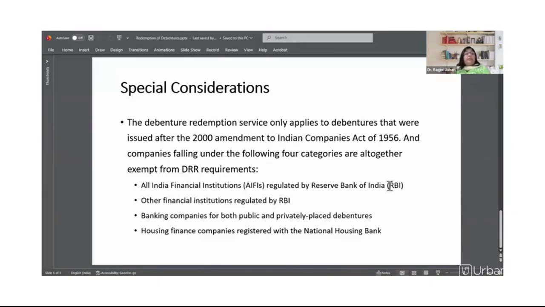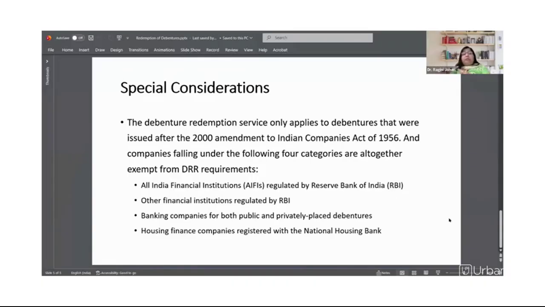The special considerations are that this debenture redemption reserve only applies to debentures that were issued after the 2000 amendment to the Indian Companies Act of 1956, and the companies falling under the following four categories are altogether exempted from DRR requirements.